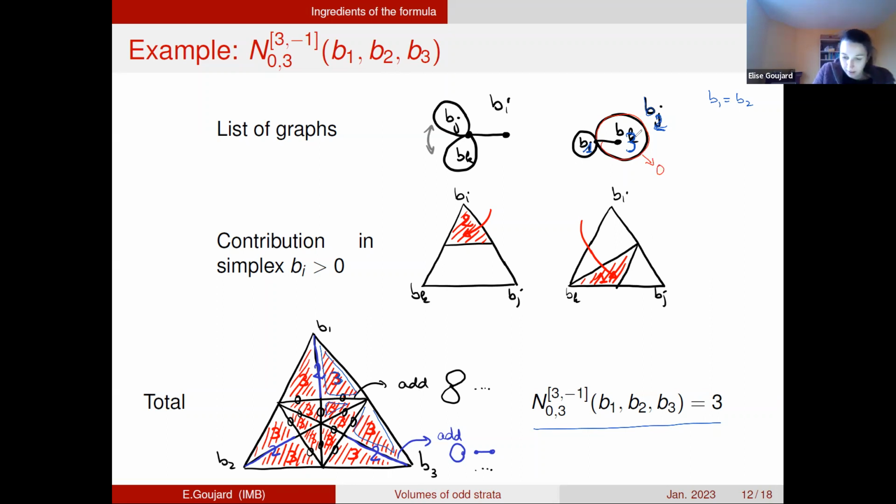And what you get at the limit is just this graph, which is now disconnected because you pinch this loop, and you get a union of two ribbon graphs. Basically, the difference between the 3 and the 2 here is the count of metrics on such degenerations. So this is what we want to address more generally for all the cases.